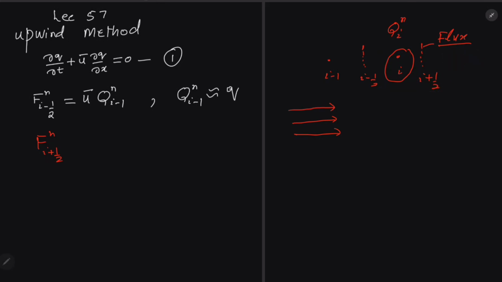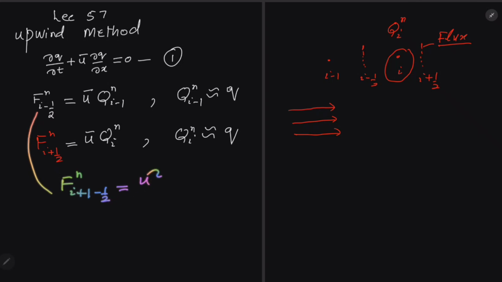So we have, for example, u bar qn I over here, and remember that qn I is an approximation of q. You can obtain the flux on I plus 1 half by just replacing I with I plus 1 minus 1 half on both sides.